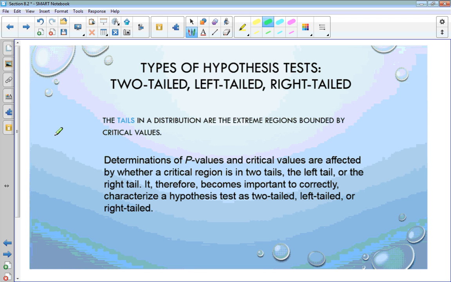So there are different types of hypothesis tests. There are two-tailed tests. Let's draw a normal curve so you can see what we mean here. A two-tailed test would have a small area on this end and a small area on that end.